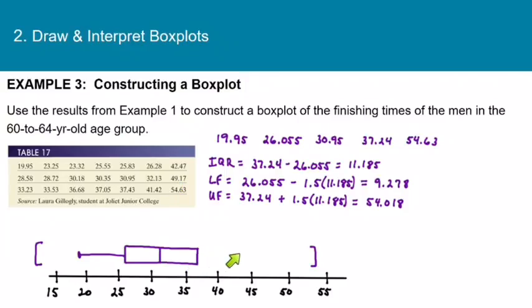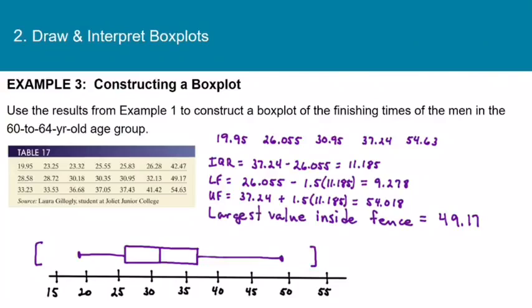So let's draw our right whisker up to 49.17, and then the only number I see that's bigger than the upper fence is this 54.63, which was our max. So let's go ahead and put an asterisk right outside the upper fence for our 54.63.